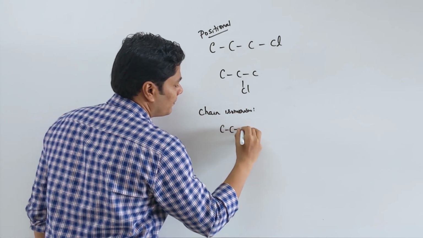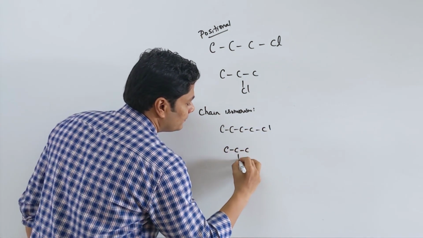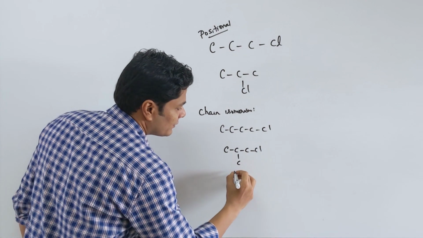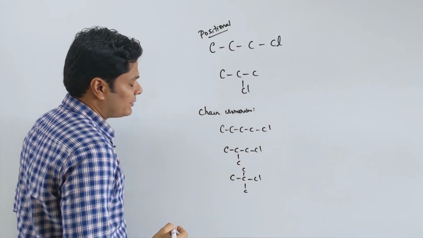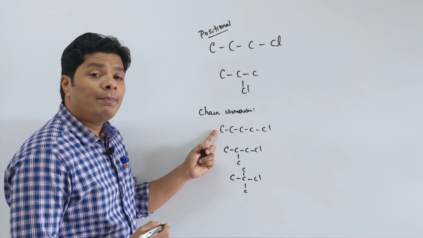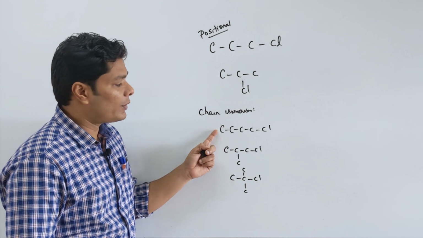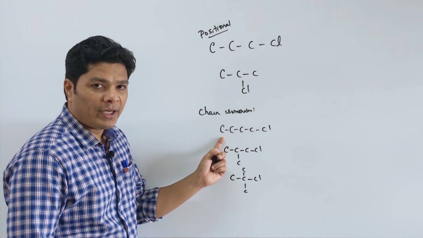Example, I can have this, I can have this, I can have this. So this is going to be, a common name would be n-butyl chloride, normal butyl chloride. But if you want the IUPAC name, I would say 1-chlorobutane.